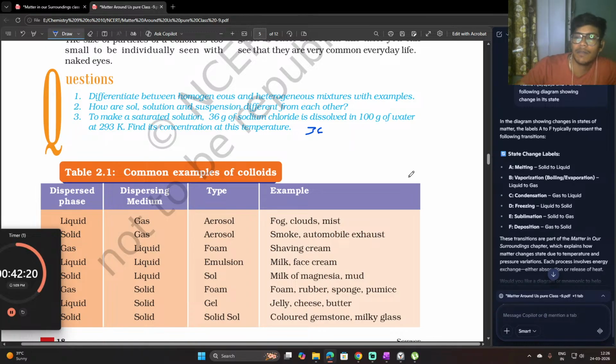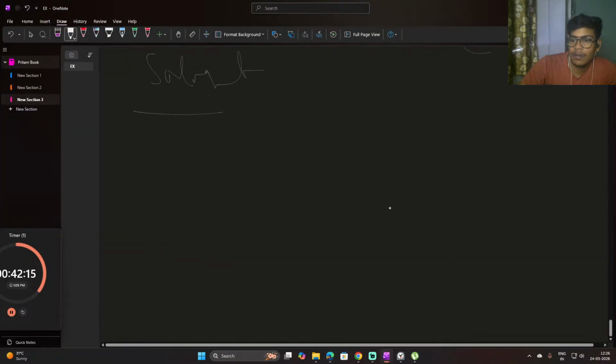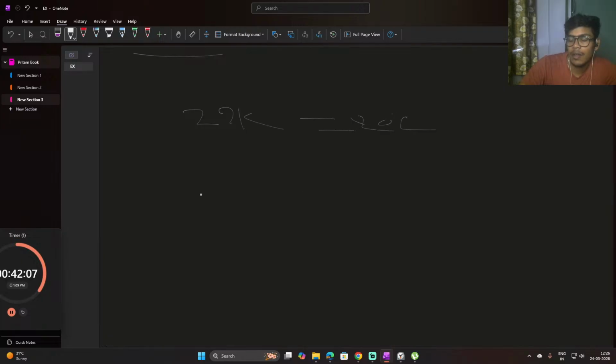So if I do this problem here, 293 K means 20 degrees C, and they have given 36, right? 36 divided by 136 into 100, then we'll get the percentage.